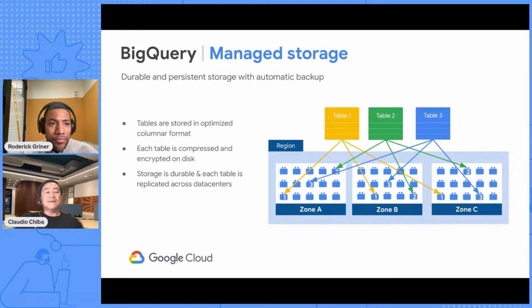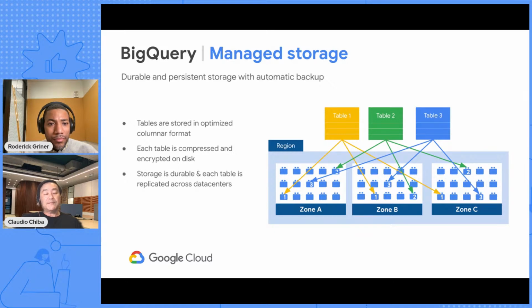However, to make sure that the data is both durable and available, the data is also replicated to another availability zone in the same region that was designated when you created your dataset.